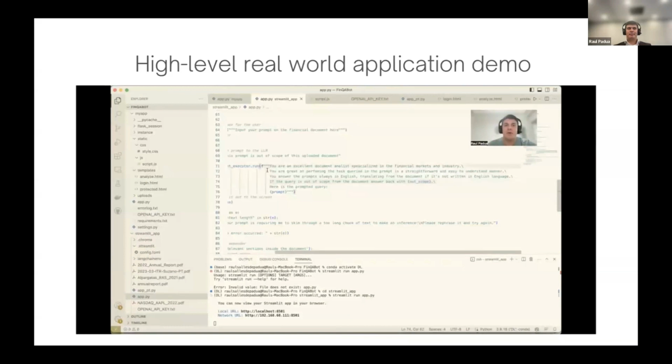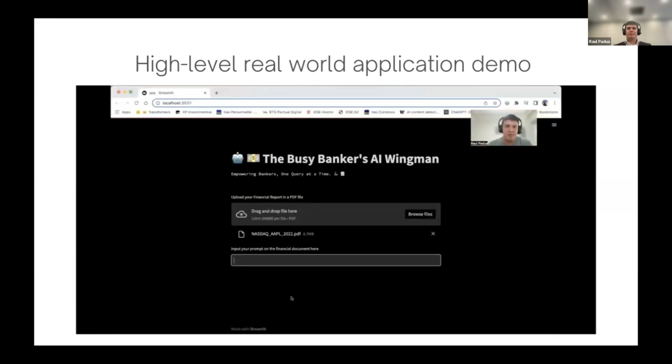Here we instruct the model, in a string that runs in every prompt, what its role is, and some additional instructions to always translate the answer to English, and if the query is out of scope, answer back with the default message, out of scope. So let's start with a few examples from Apple's 10K.